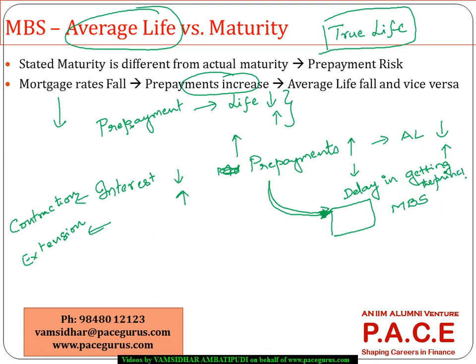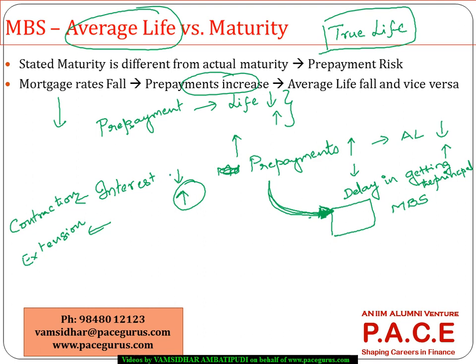So he is not able to take advantage of rising interest rates. If he had got higher amounts of principal here, he could have reinvested them at higher interest rates and gained something more. But because the prepayments have gone down drastically, he is not able to get the required principal on time, and he is not able to take advantage of reinvestment. So that is one of the major risks, especially with growing interest rates.